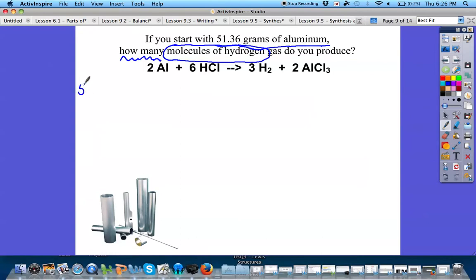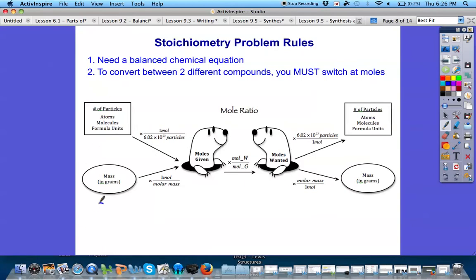So we're going to start with 51.36 grams of aluminum. And I'm going to flip back to our stoich map. So we're starting here with our grams of aluminum, and we want to go up here to molecules of hydrogen. So the next step says that we need the molar mass.